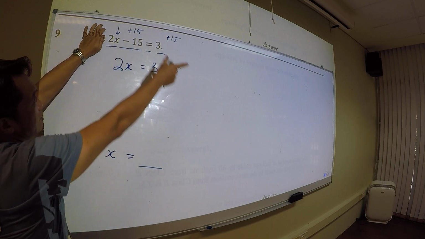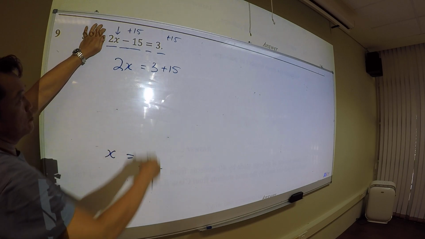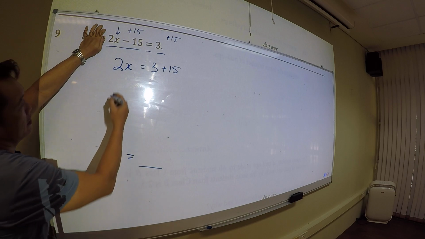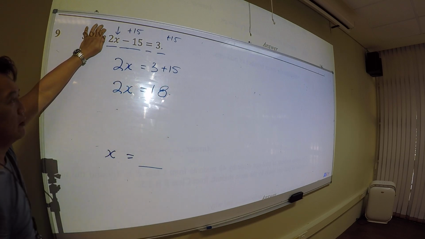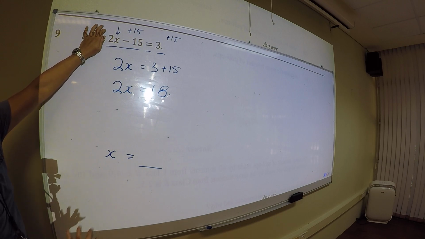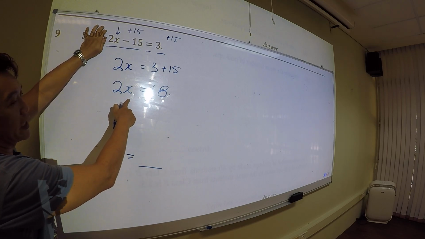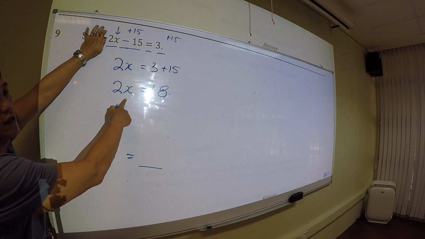And because left and right are the same, if I add on both sides, left will still be the same as right. Okay, then simplify. 2 times x is 18. 2 times what equals to 18? 2 times 9 will be 18.